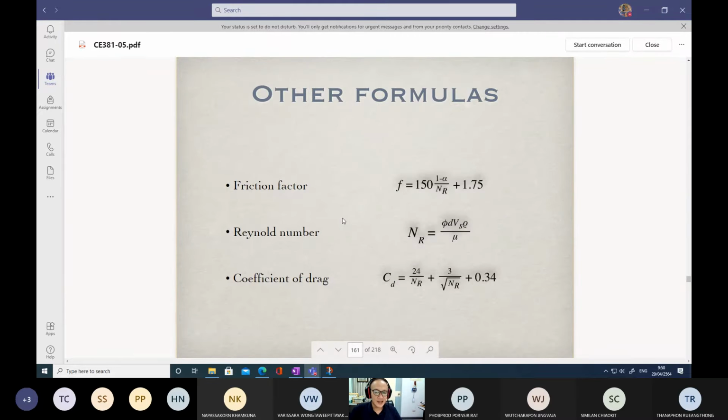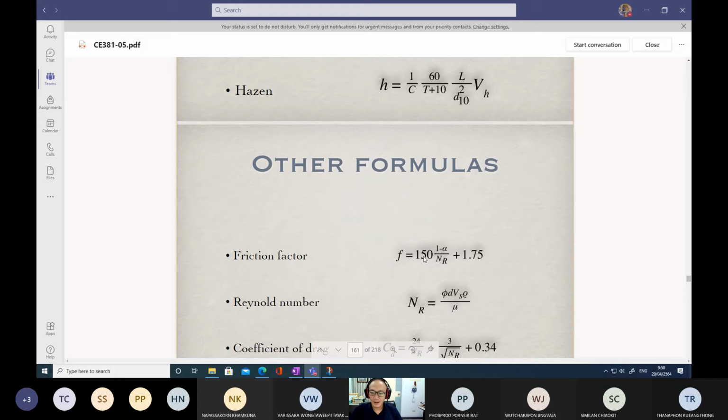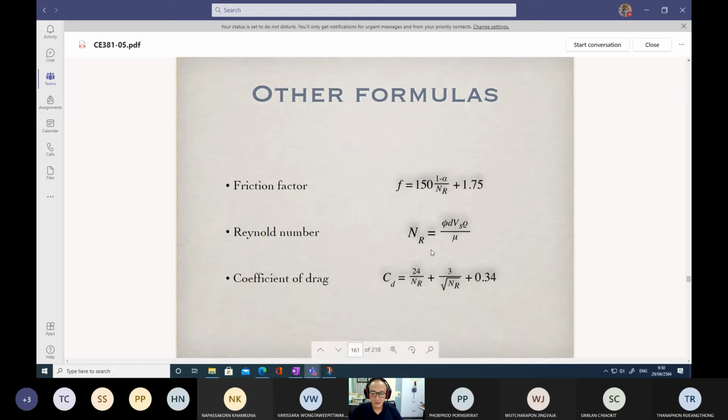Friction factors are determined by using the Moody diagram. You can find the friction factors, but before obtaining them, you have to calculate the Reynolds number.